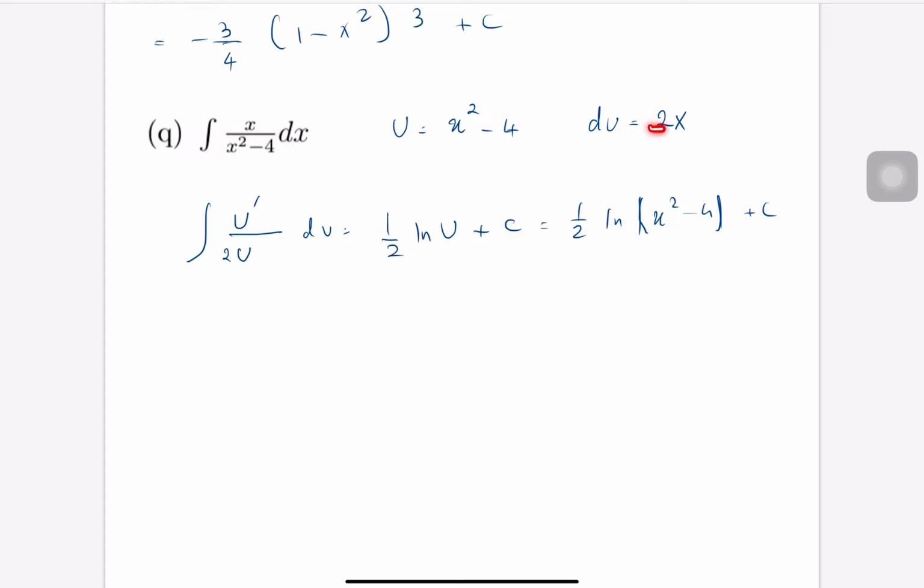And because of the relation between 2 and 1 is 2, it comes here. And the integral of this formula is half ln u plus C, and I put x squared minus 4 instead of u, and we can find the result is half ln x squared minus 4 plus C.